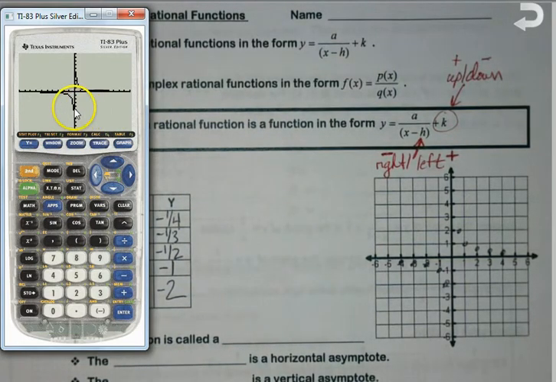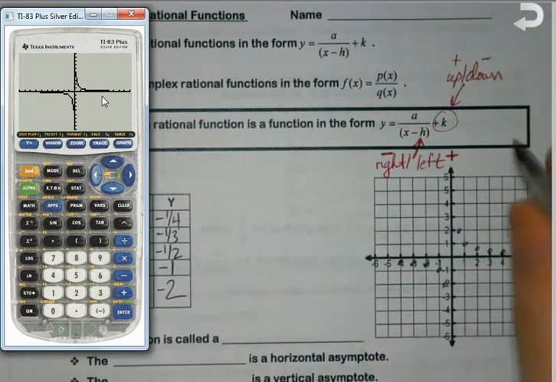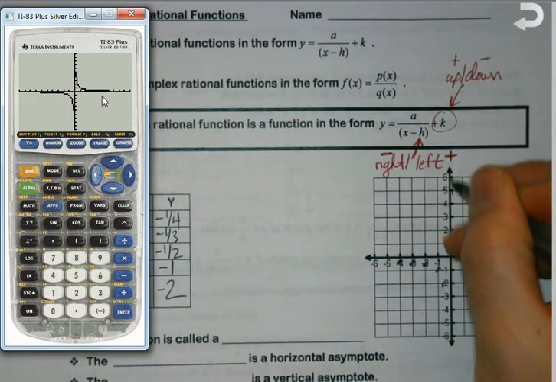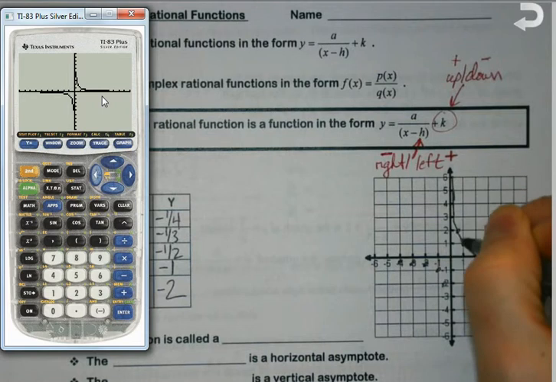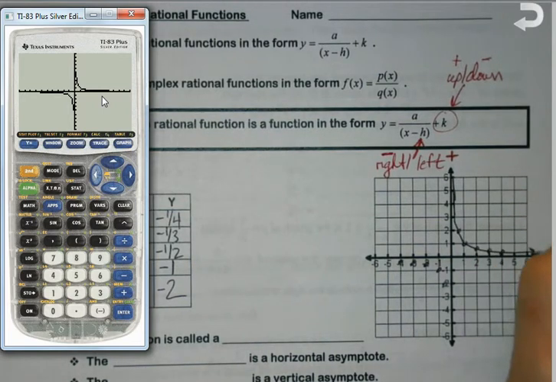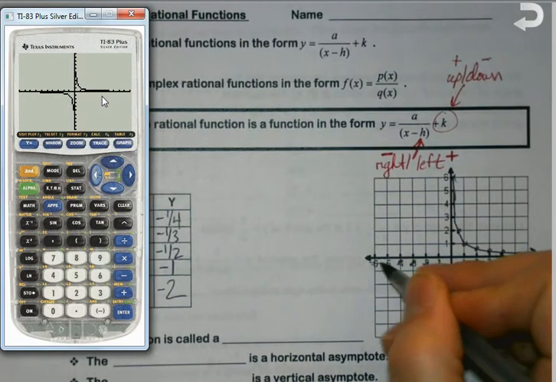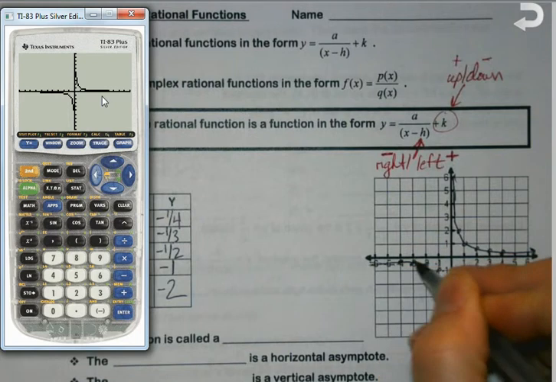Just because it looks like this is stopping here, or stopping here, doesn't mean it is. It's hugging that asymptote, and it's just going to keep on going. So in our case here, we're going to be right up against the y-axis and then right up against the x. And the same thing here.